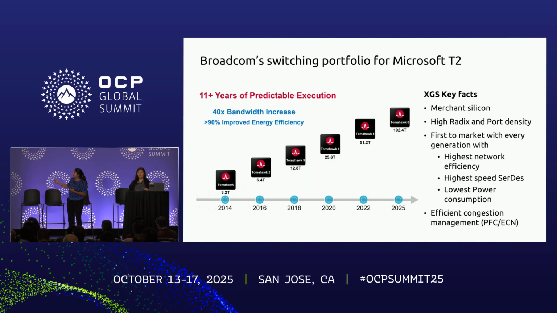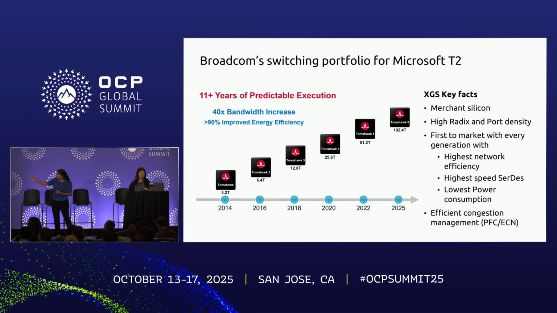This is all merchant silicon based and all Ethernet based, and each generation has, for its generation and across the industry, the highest radix and port density. We are always first to market at every generation, with the highest network efficiency, the highest port SerDes speed, and the lowest power consumption per pizza box, every generation.